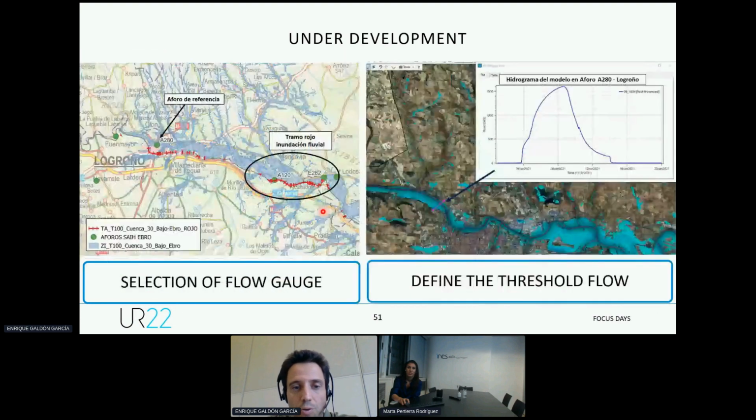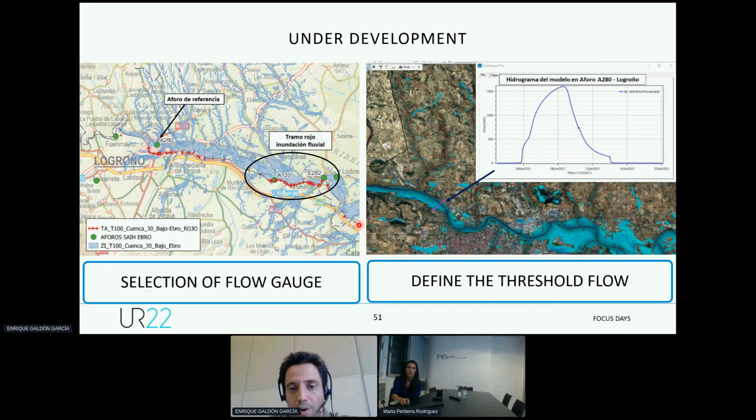So how do we do that? Basically, we select a set of sections that are in red, that are flooded according to the return period of 100 years, and we select one of the flow gauges that is river upstream. Then we define the threshold flow by taking the section of our model and seeing which is the maximum flow that we reach at that point.